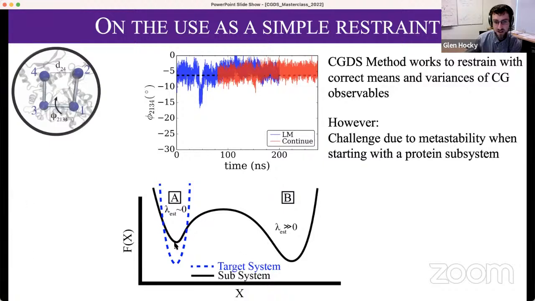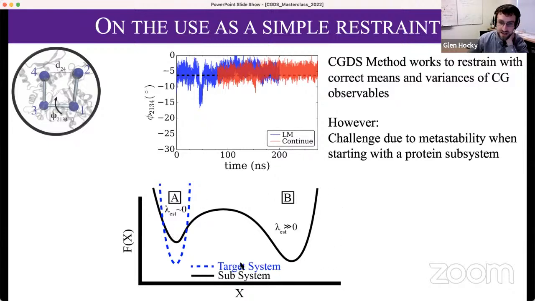So if your free energy surface looks like this, and you start close to the target value, like in our case, we're able to take an actin filament that's close to the filament configuration and start there. Then when you start doing your EDS averaging, because the parameter is proportional to the difference between your current average and the target average, you will estimate a parameter that's close to 0. Then all of a sudden your system, which is unbiased, will figure out that it can get somewhere else.